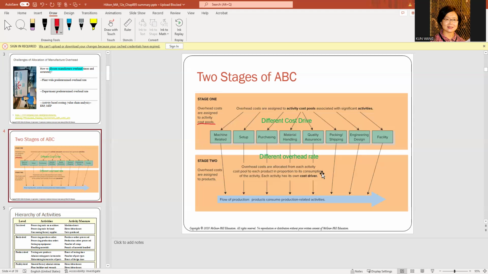But mostly the work and the time are worthwhile, because that really gives you a brand new costing system and also timely, accurate, relevant information for decision making. So that's a brief idea of ABC costing, like the two-stage allocations.